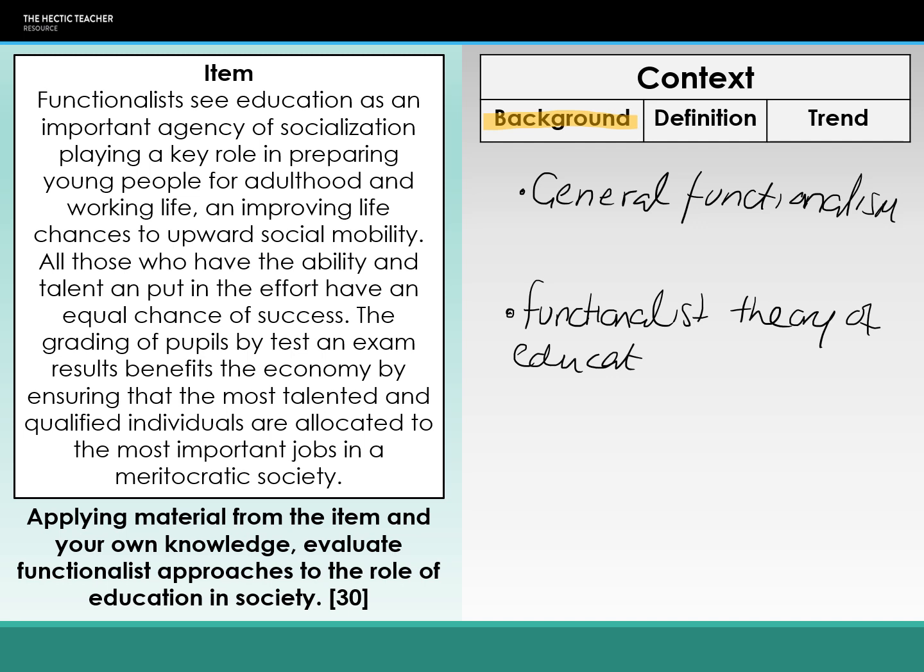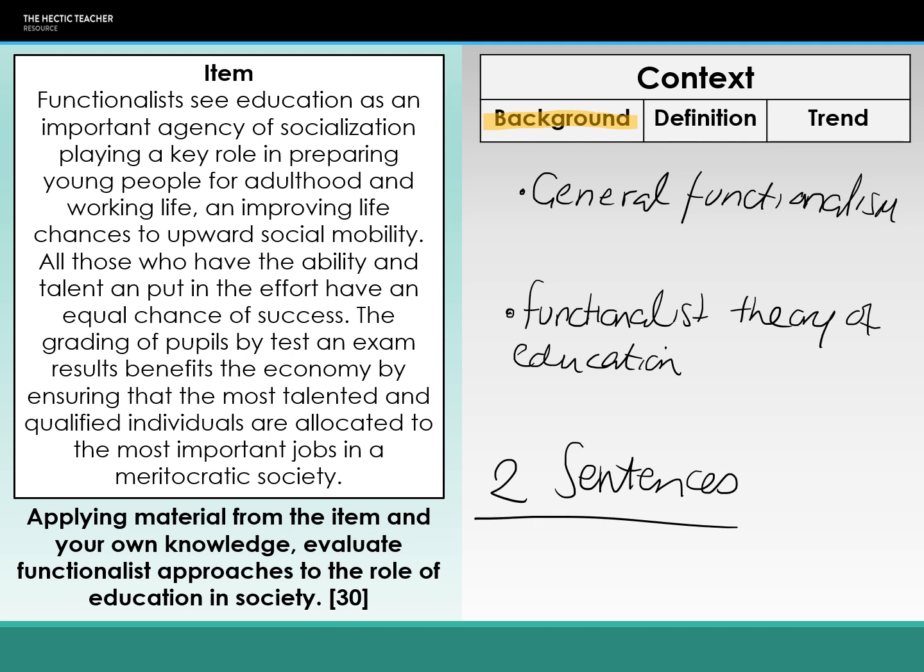Now, because this is the introduction, it does mean that we're being very brief in this. Okay, we're not going into masses of detail. This is going to be no more than 2 sentences. Okay, so we need to keep it very, very brief.